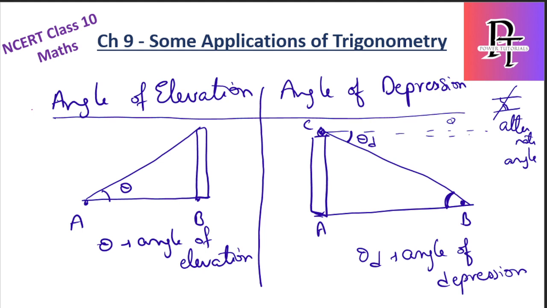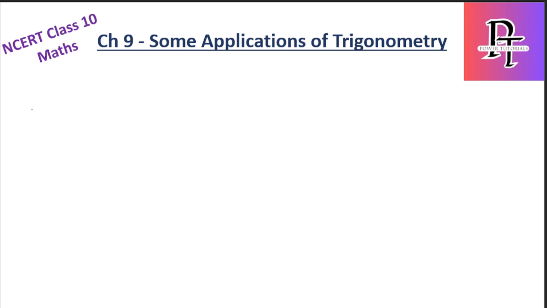Now we will apply this concept and try the first example which is there in the textbook. They are saying that a tower stands vertically on the ground, from a point on the ground which is 15 meters away from the foot of the tower.